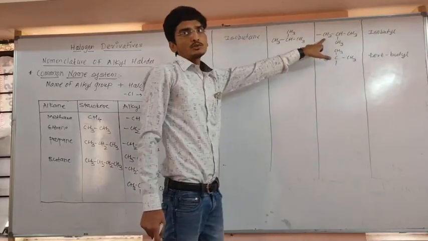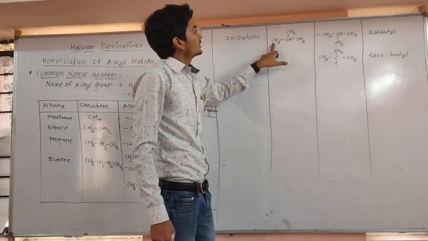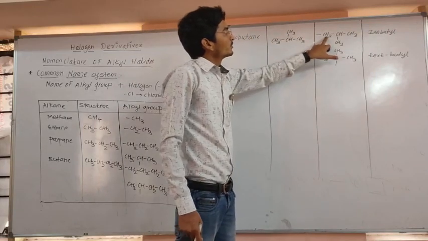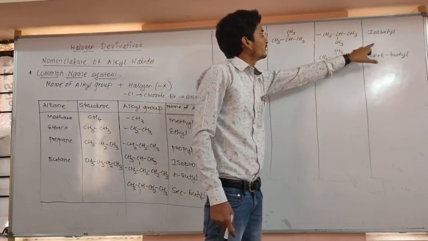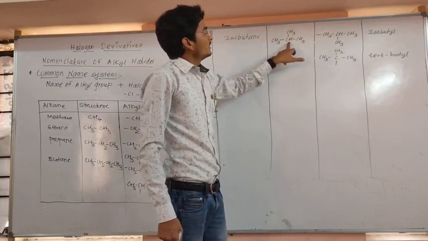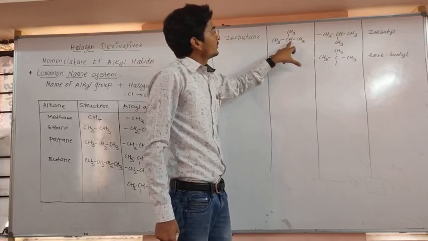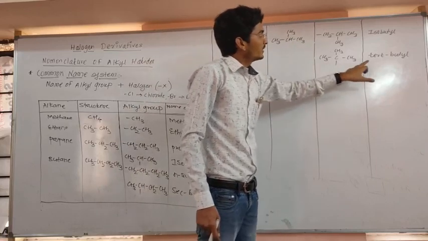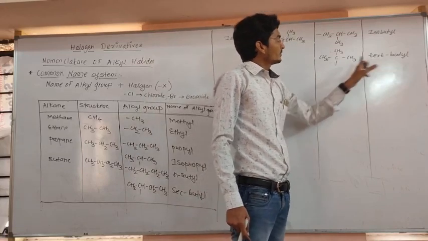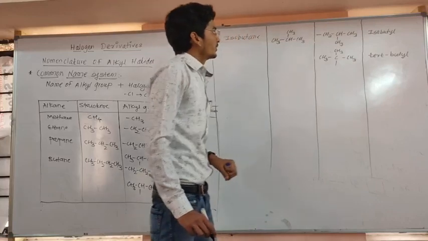And if you remove the center hydrogen, that is the tertiary carbon hydrogen, then you will get the tert-butyl group. Tert means tertiary, and that's why it is called the tert-butyl group.